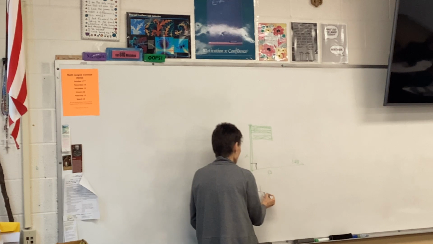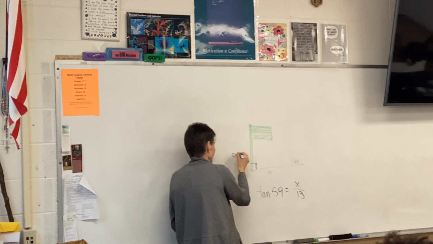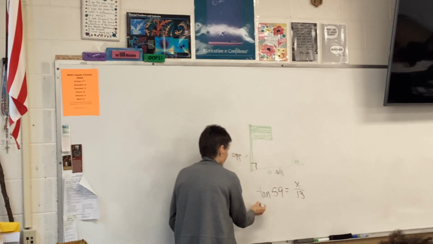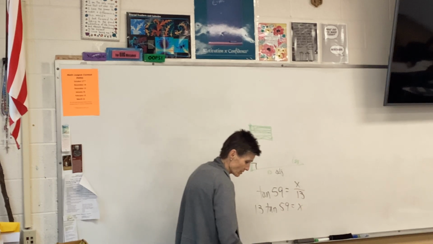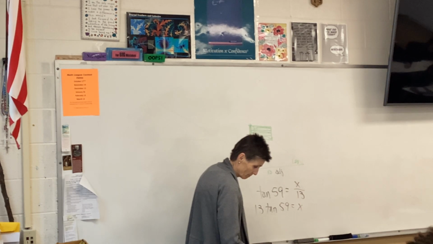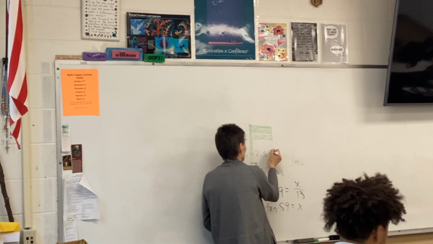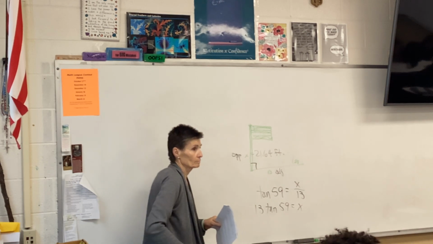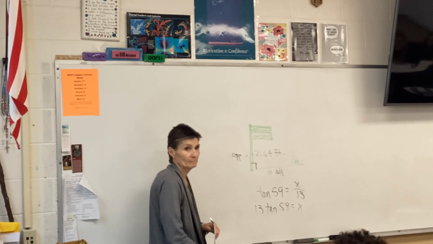So tan 59 equals x over 13, opposite over adjacent. That's times by 13. And your answer should be 21.64. Anybody have a question about that?